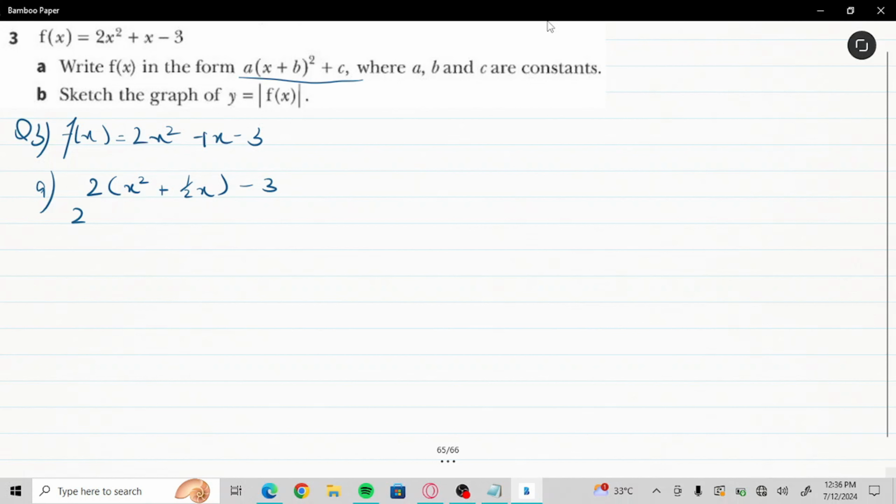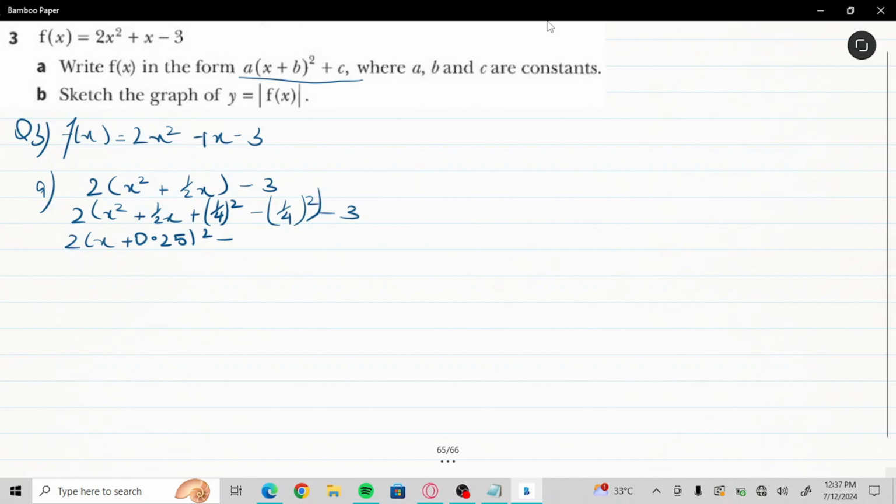Okay, so 2 times (x squared plus 1 upon 2x plus 1 upon 4 squared), because 1 upon 2 divided by 2 is going to be 1 upon 4, minus 1 upon 4 squared, minus 3, and this -3 is going to be out of the bracket. So again, 2(x plus 1 upon 4), instead of 1 upon 4, I prefer to write 0.25, whole squared, minus 1 upon 4 squared multiplied by 2.